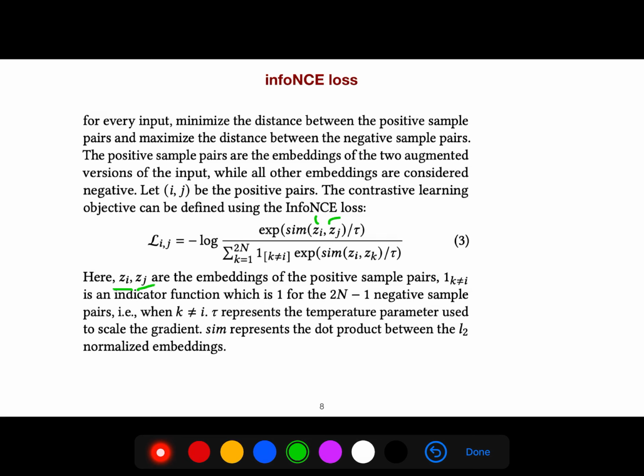Z sub i and Z sub j are the embeddings of the positive sample pairs, which I have explained in that InfoNCE article. And we have 2N-1 negative samples. So if the batch size grows, you have many negative samples.